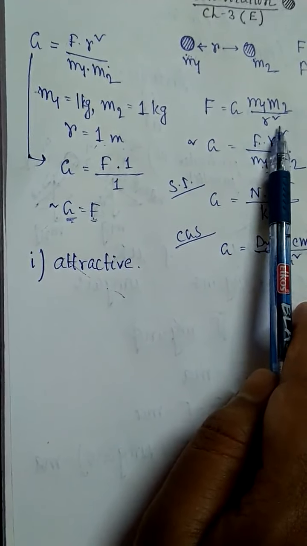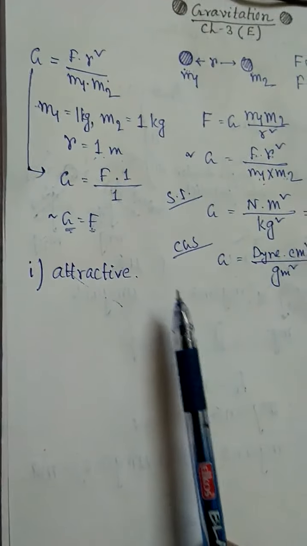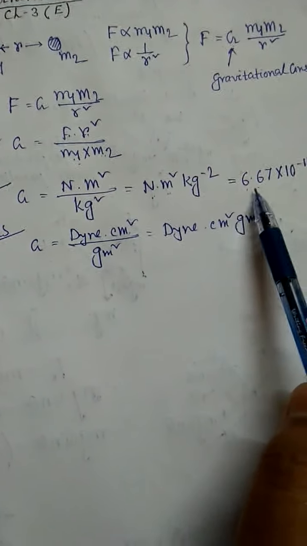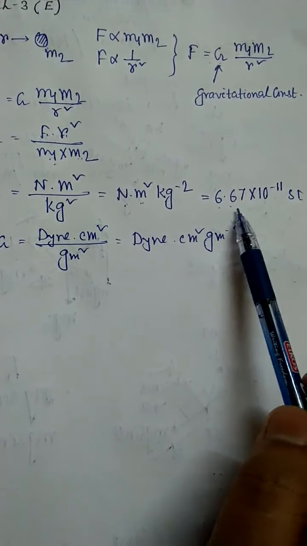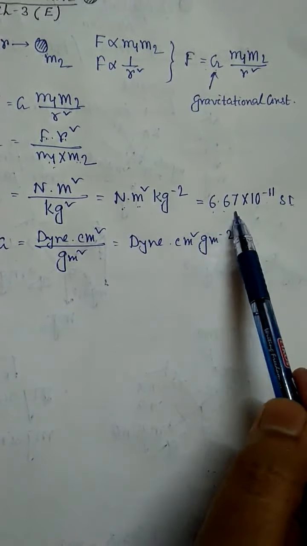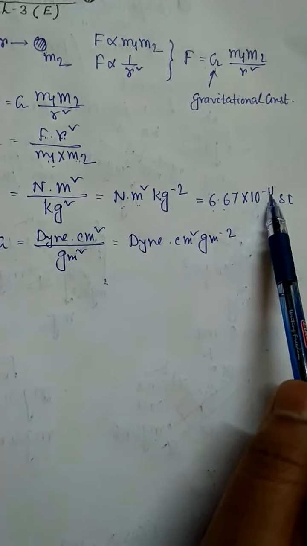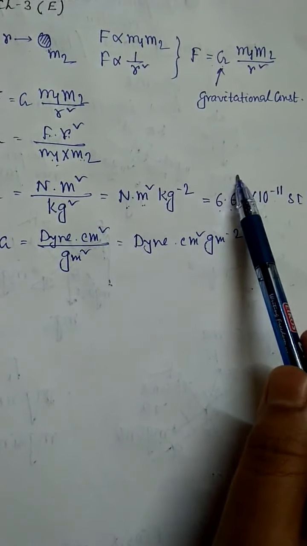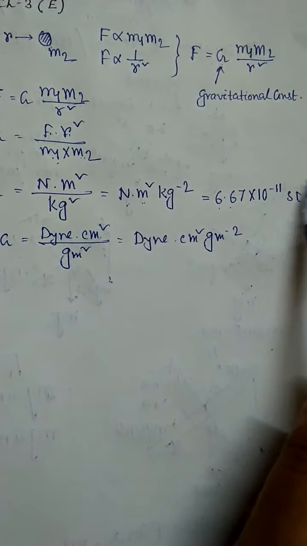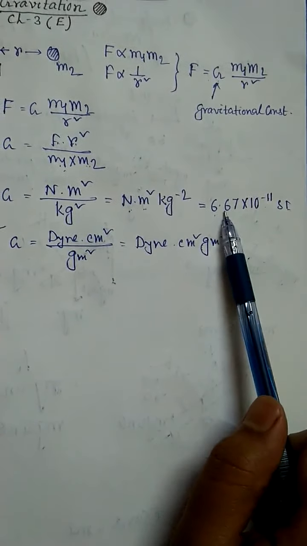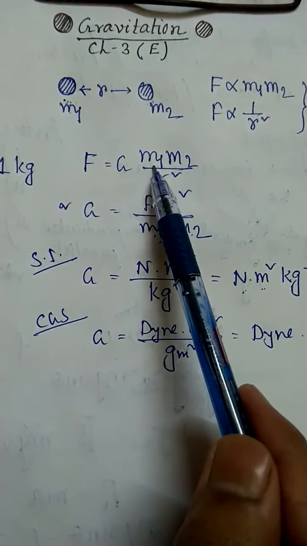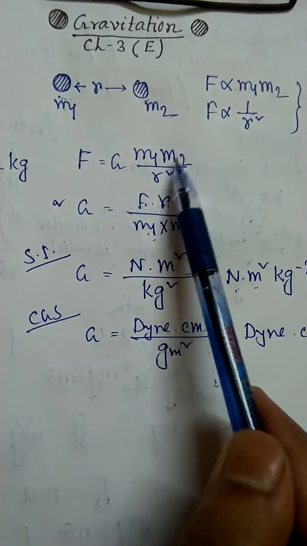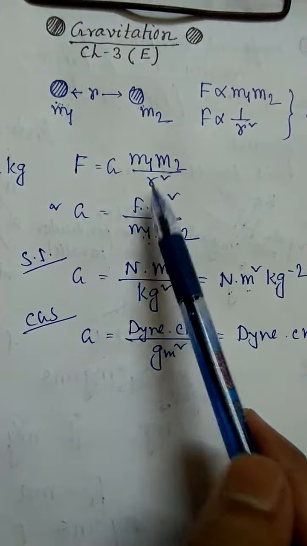Basically, just look at one thing. What is the value of G? That is 6.67 into 10 to the power minus 11. Actually this is very small. So can you imagine? Now just look at this formula. Suppose M has some specific value, this m also has some specific value, and this r also has some specific value.